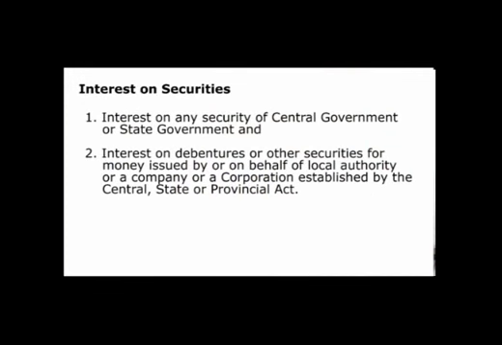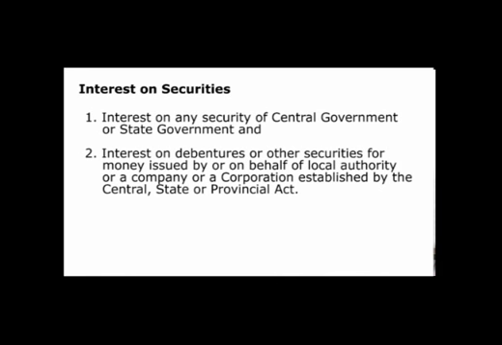Now the next type of income is the interest on securities. You can say this is the 4th item which we are going to discuss today. Interest on security: according to subsection 28B of section 2, the interest on security means interest on any security which has been issued by the central government or by the state government.